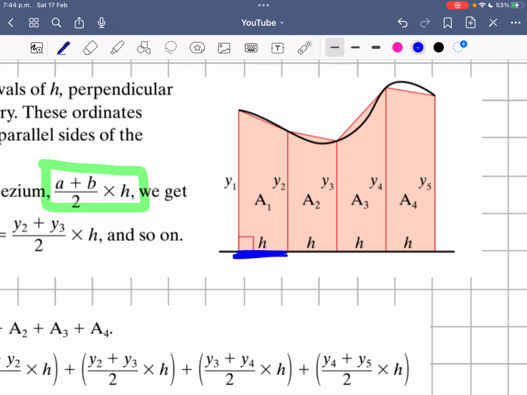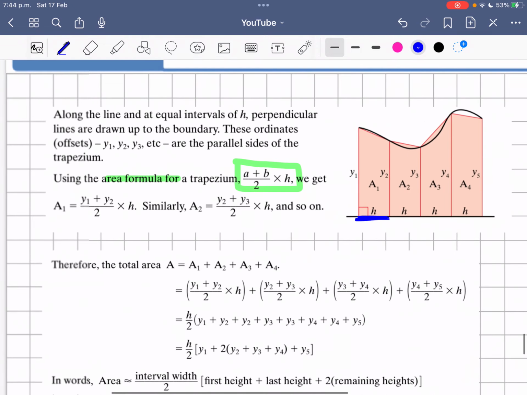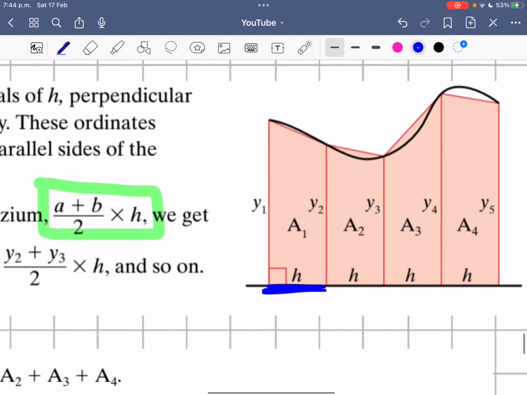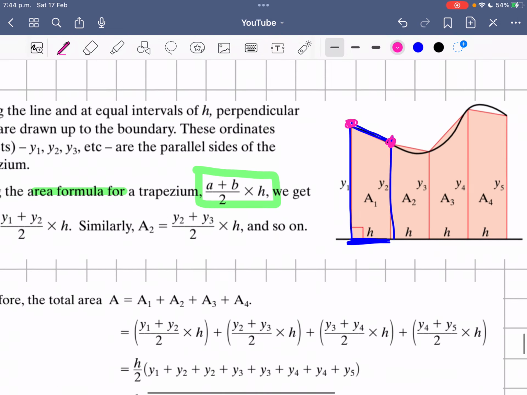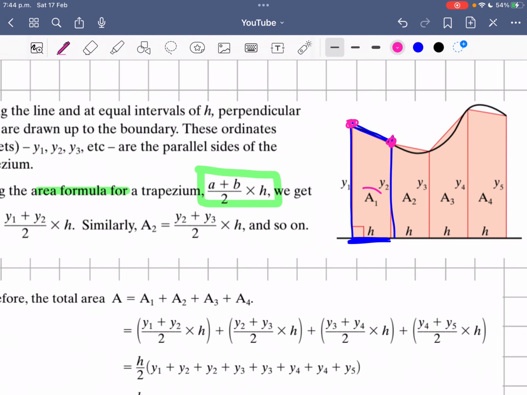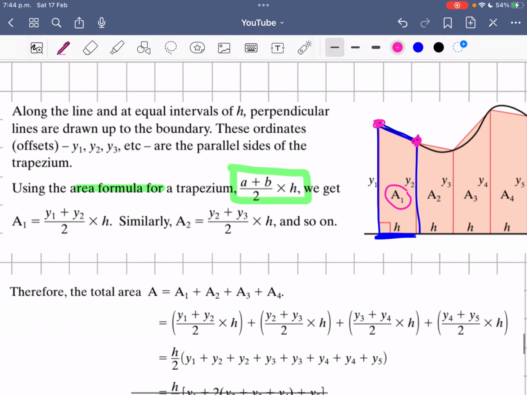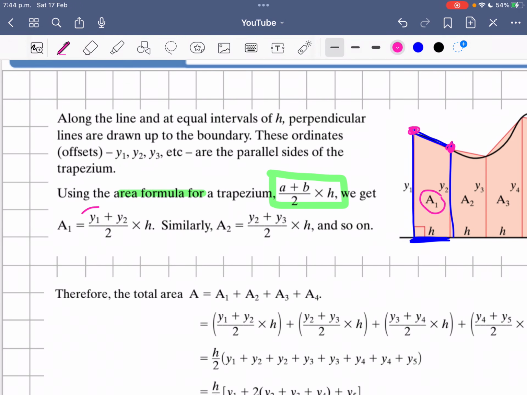That has to be the same. So the area of this first trapezium is going to be, this is y1, like your height, y2 your other height. So the area of section 1 is y1 plus y2 over 2 multiplied by h, and that is because it comes from your trapezium formula.